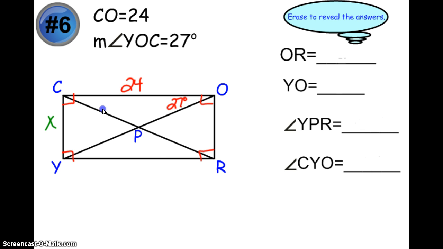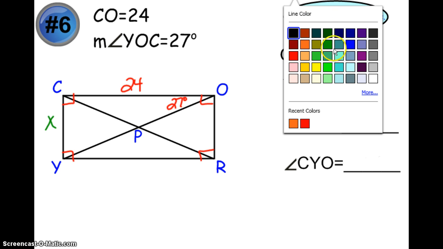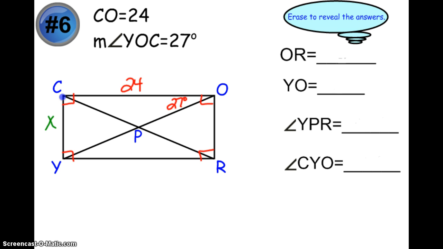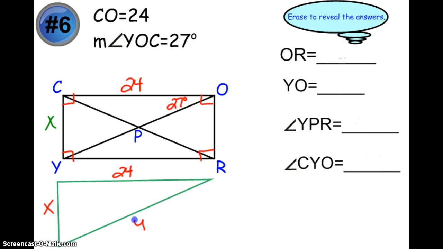If we go ahead and look here, let's deal with our Pythagorean theorem. So to outline that, for any of you that need to see, we have a right triangle. So this right triangle has a leg of 24, a side of x, a side of y, and 27 degrees.